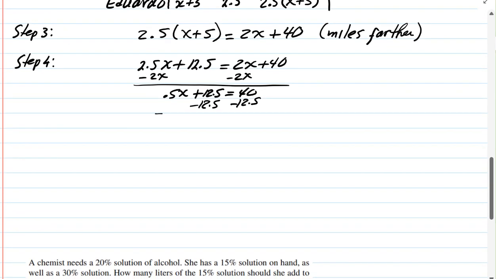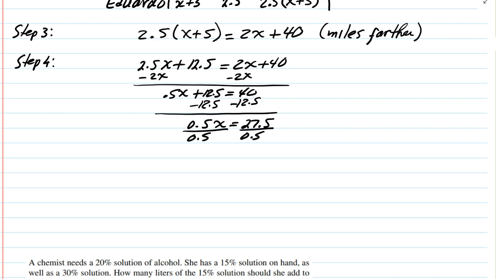And let's see, this will give me half x is equal to 27.5. And finally, we can divide both sides by half, or we can multiply both sides by 2. That may be easier. Let me do that. Because I have half x equal 27.5, multiply times 2. 2 times a half is 1. 2 times 27.5, I believe it's 55.